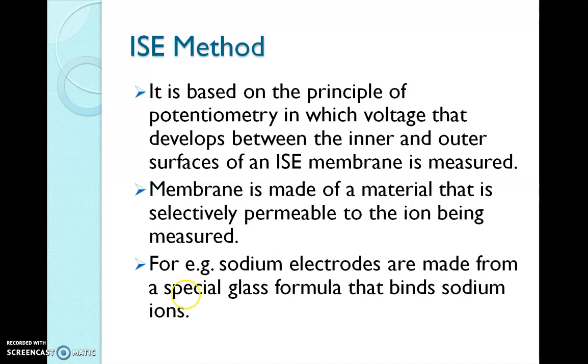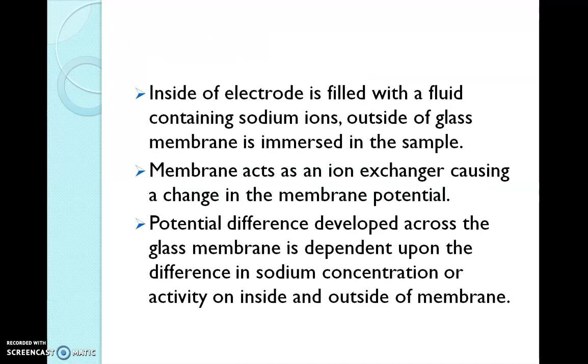For example, sodium electrodes are made from a special glass formula that binds sodium ions. The inside of the electrode is filled with a fluid containing sodium ions, and the outside of the glass membrane is immersed in the sample taken for testing.